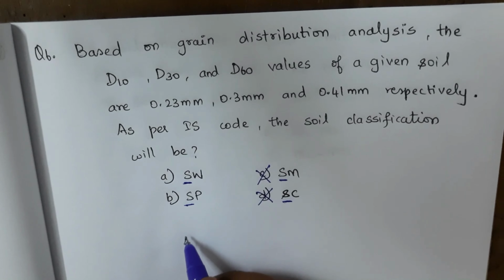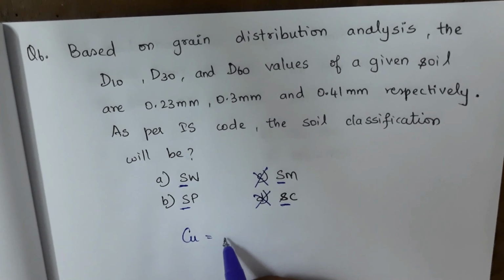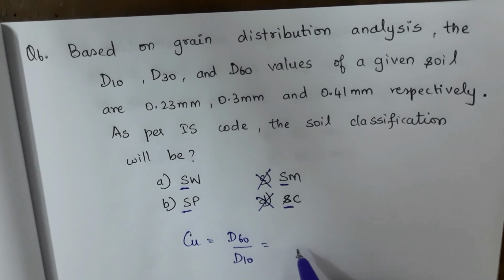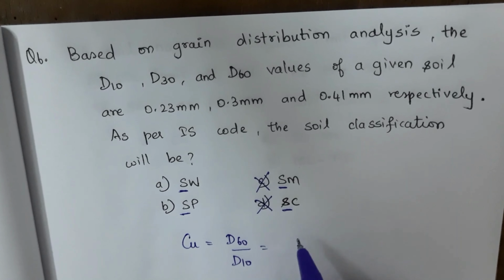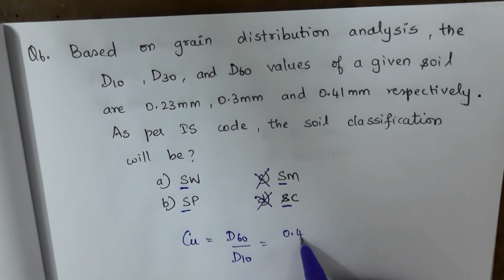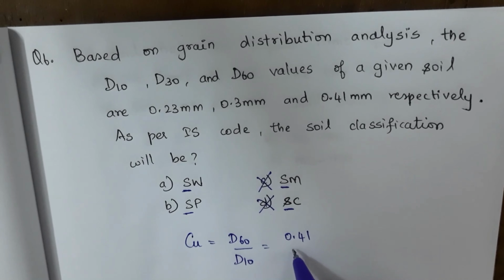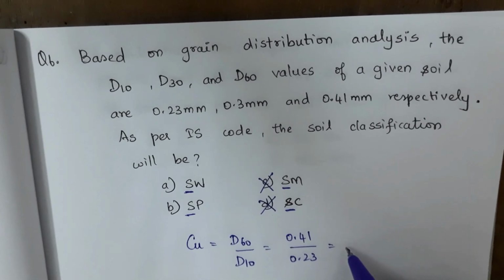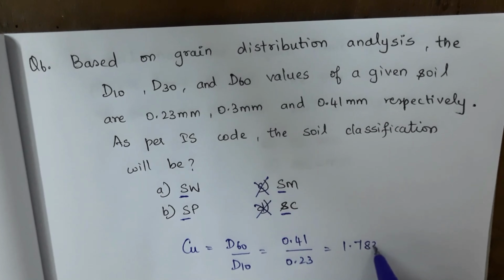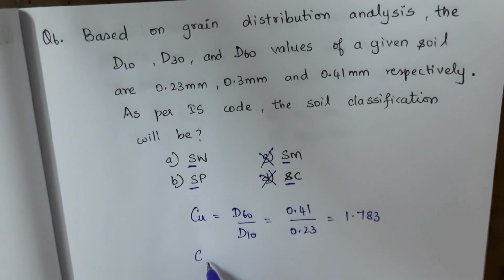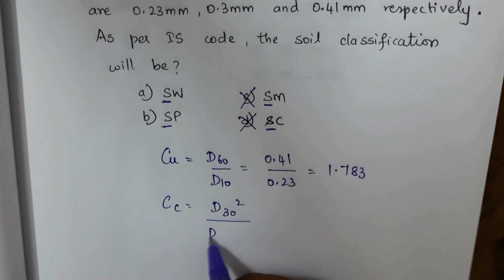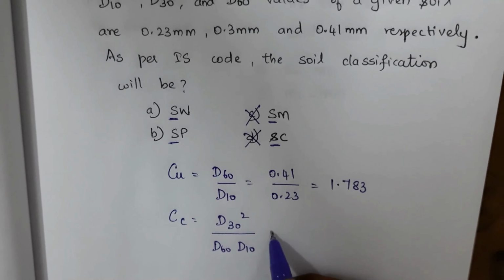Secondly, we know the formula for Cu, that is D60 by D10. Note here that we have to copy the values correctly during the exam, or else we tend to make mistakes. So it is 0.41 by 0.23. It is 1.783, and Cc is nothing but D30 square by D60 into D10.